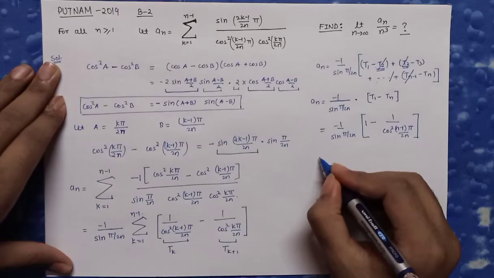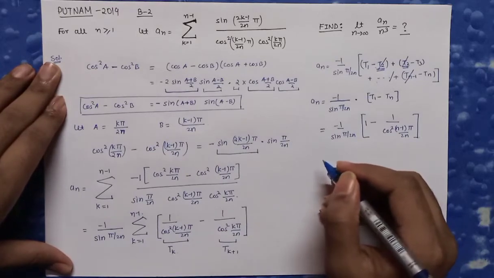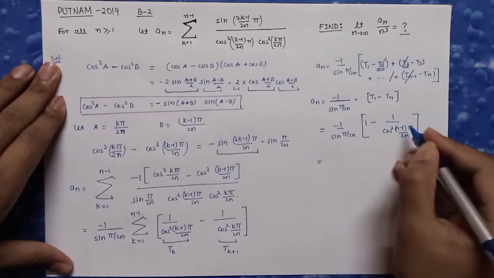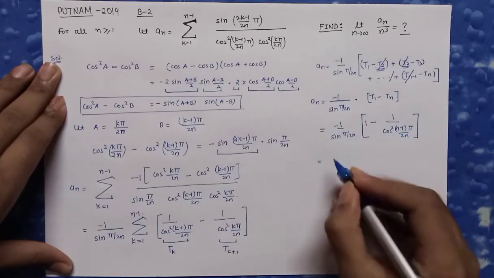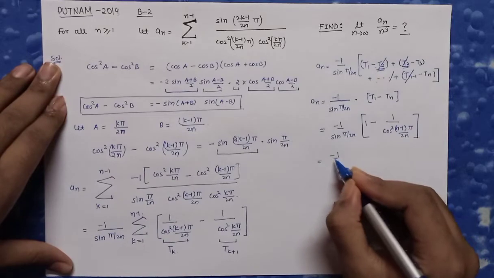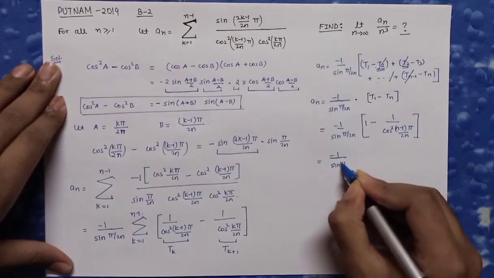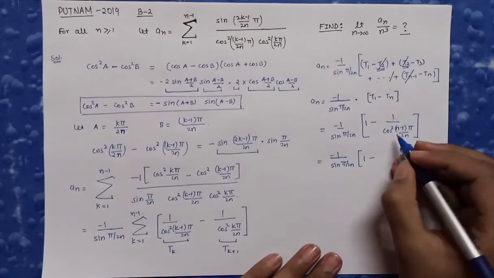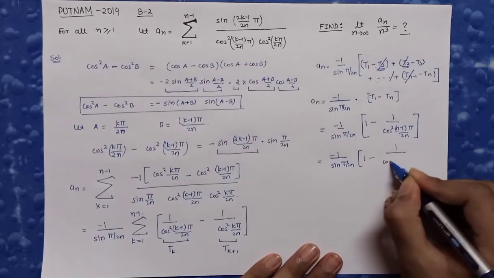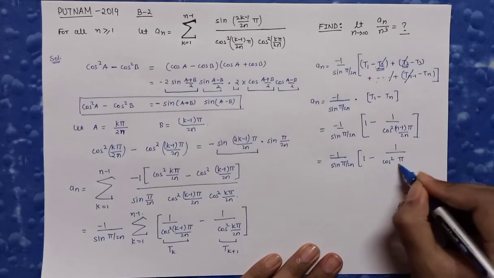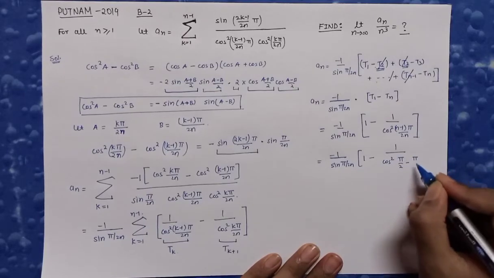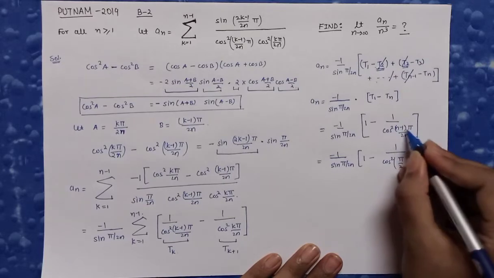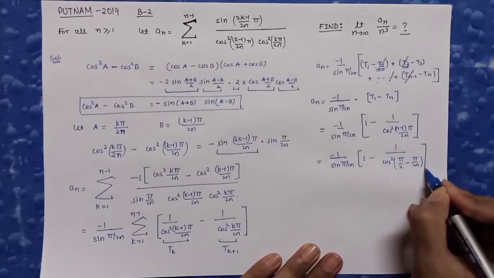Now let's solve it further. I will first of all do some manipulations for easy writing. Minus 1 by pi over 2n, then 1 minus. Clearly, I can write this as cos square pi by 2 minus pi by 2n, because if I take the LCM, then n minus 1 pi by 2n is clearly equal to this.